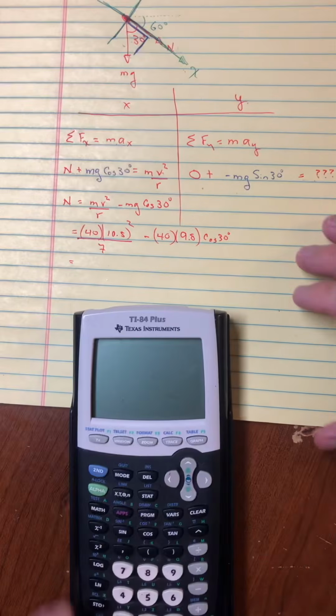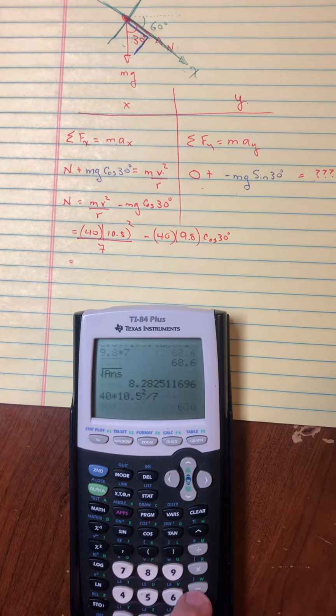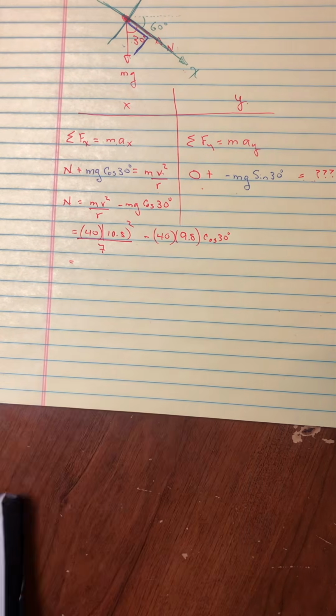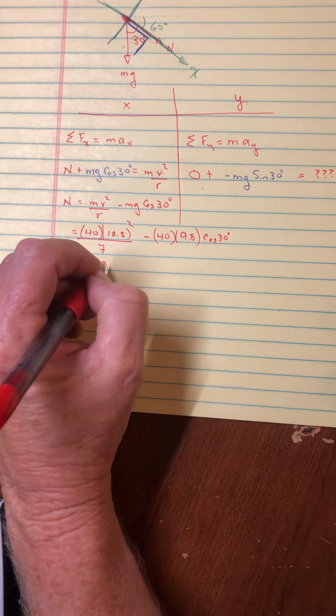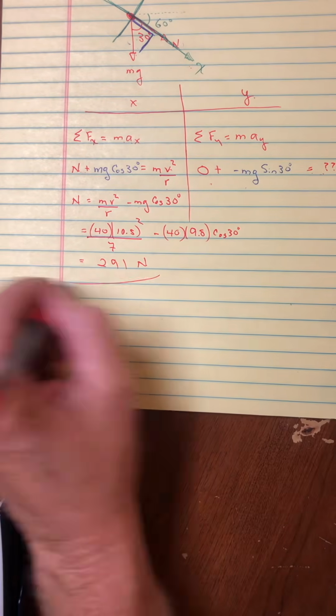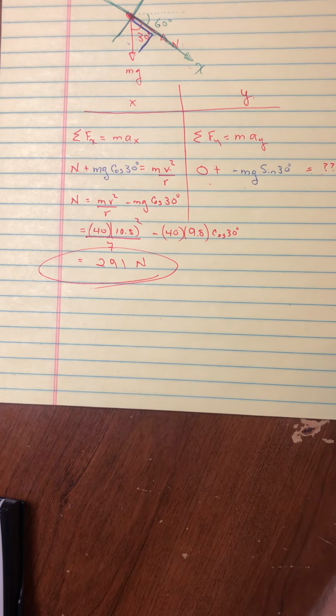So if I put in those numbers, I should get 40 times 10.5 squared divided by 7, minus then 40 times 9.8 times cosine of 30. And so now the normal force is 291 newtons. And so there's the answer to B. All right, hope that helped.